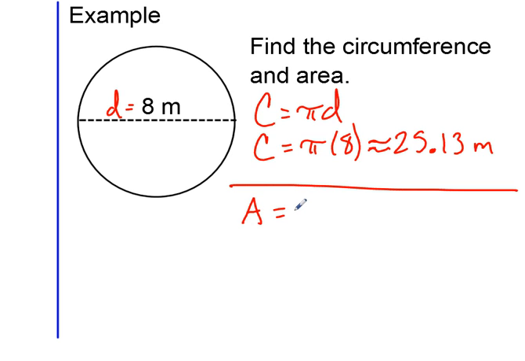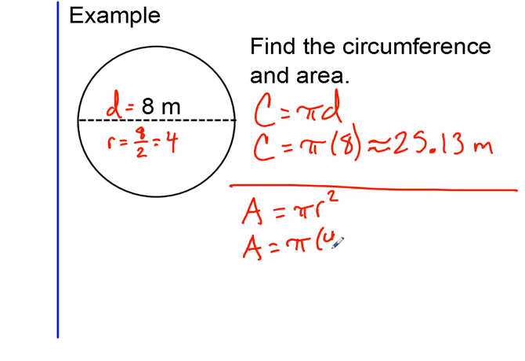Now let's find the area. The area is done by doing pi r squared. Now, I don't have an r, but I can figure out my r by dividing the diameter in 2, because the radius is always half of the diameter. So my radius is actually 4. Let's plug this into our area formula.